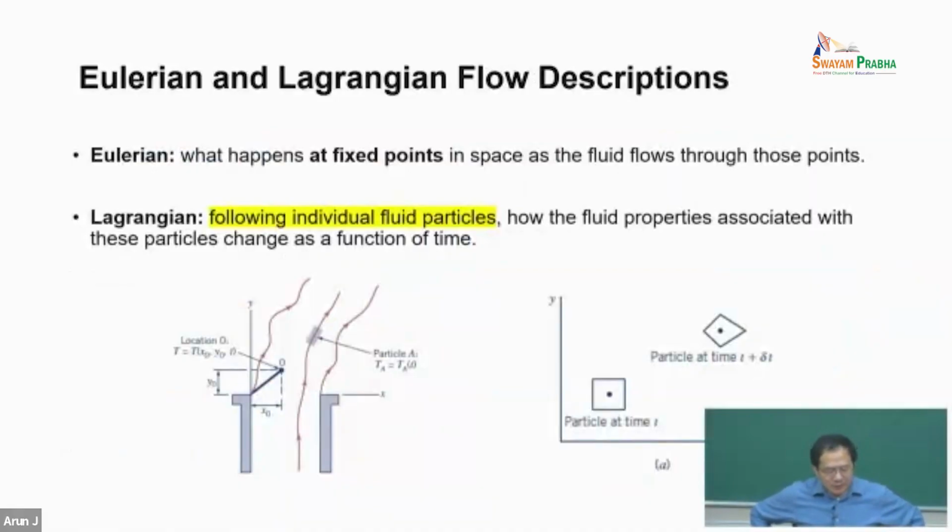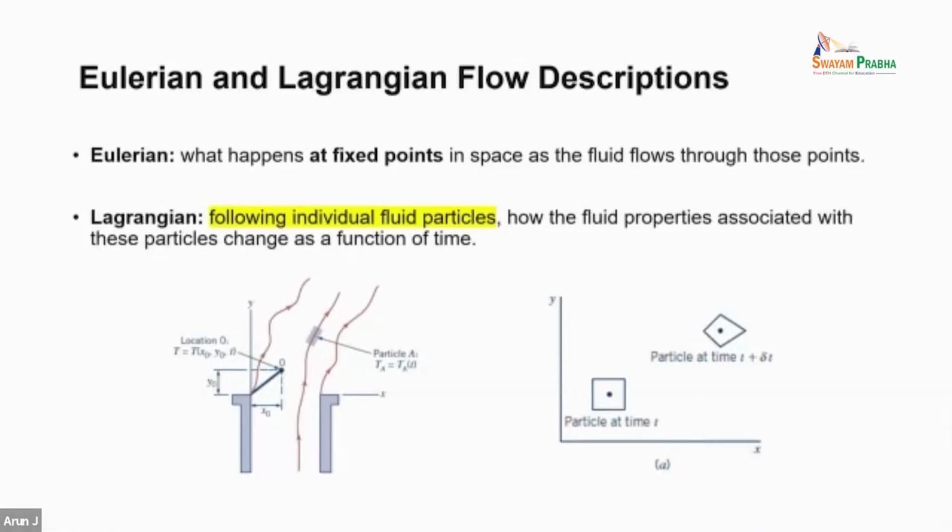We talk about following the streamline, and in fluids there are usually two ways to describe the phenomenon. One is the Euler method, where in this space you take a fixed point, a fixed location. Another way is the Lagrange method, where you just follow the individual particle in the time domain.